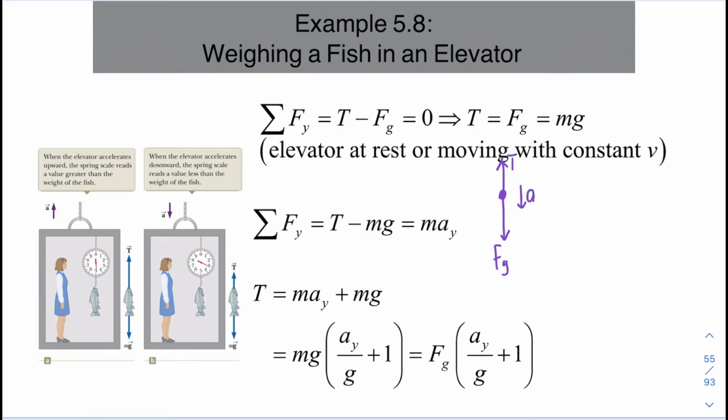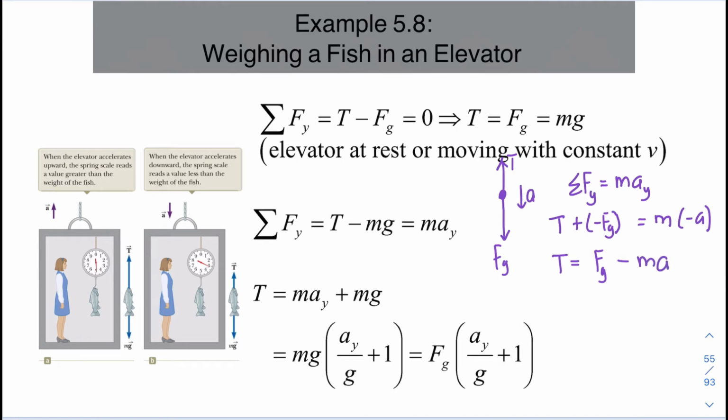For this case, we do summation of F equivalent to MA along Y. Where we have now T is positive, plus negative Fg, equivalent to M, but our A right now is pointing to the negative Y. So we're going to have Fg minus MA.